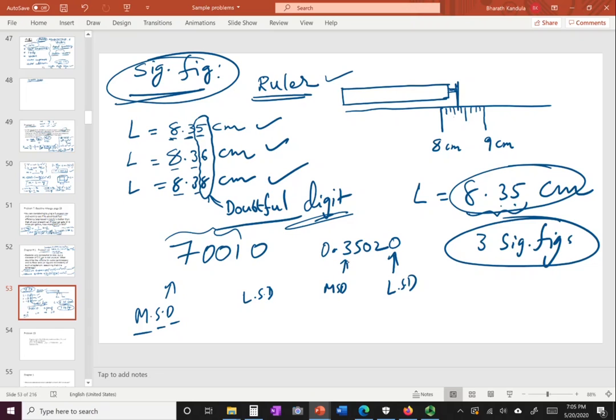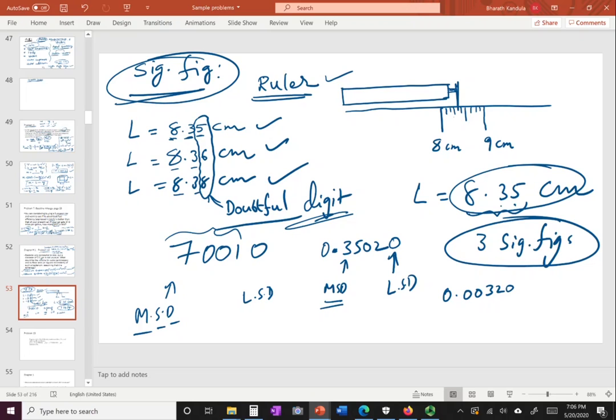For example, you have 0.35020. The leftmost non-zero digit is the most significant, and the rightmost digit is the least significant, even if it is 0. This rule applies when there is a decimal point. Now let's consider another example, 0.00320.